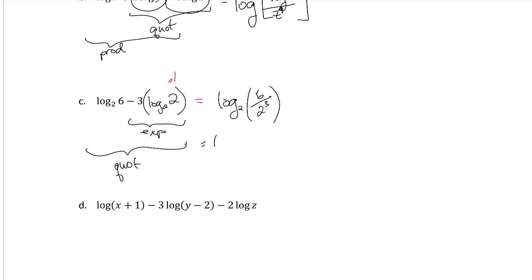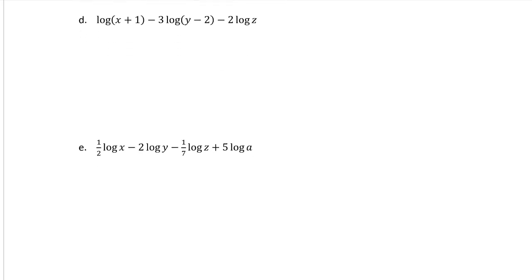And you could even simplify that as log 2. This is going to be 8, and so you could reduce that fraction to 3/4. That would be my answer. Okay.